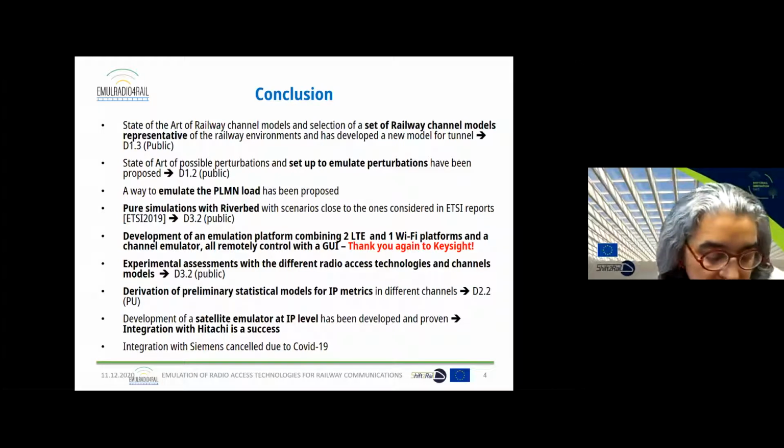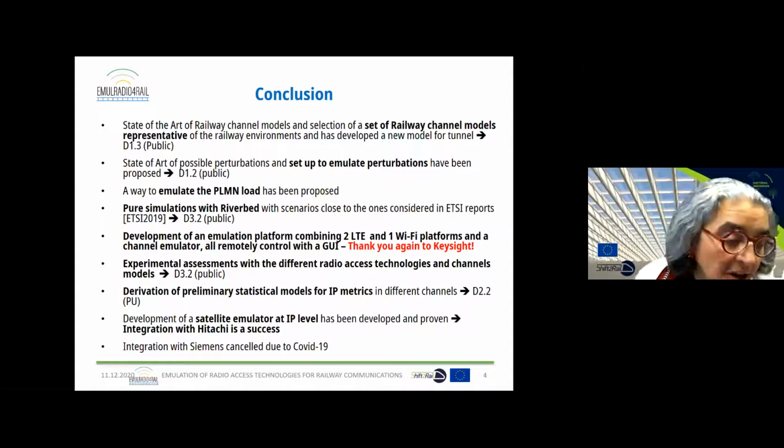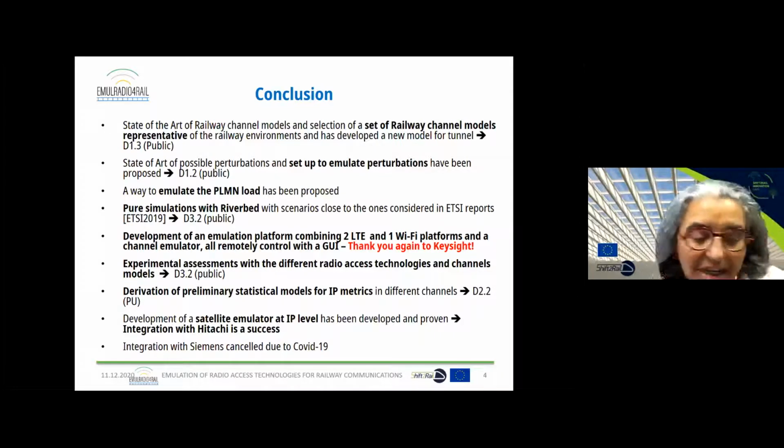As we have seen with the different questions after the presentation of Juan, it is important also to have more typical scenarios, because finally in the literature we find only a small number of scenarios, rural, hilly, cutting, and perhaps they are not so representative of the locations where people from railways or the railway operator encounter problems.